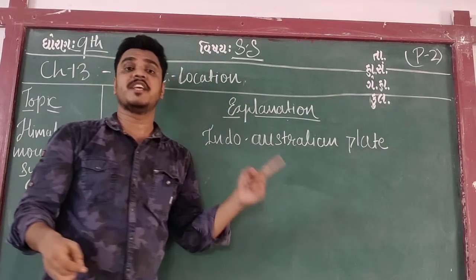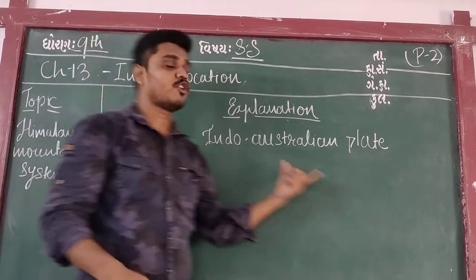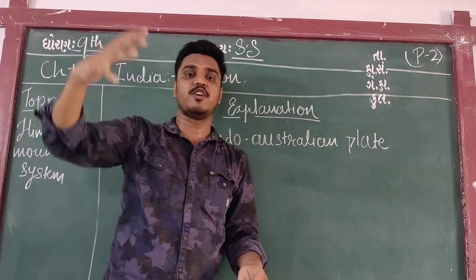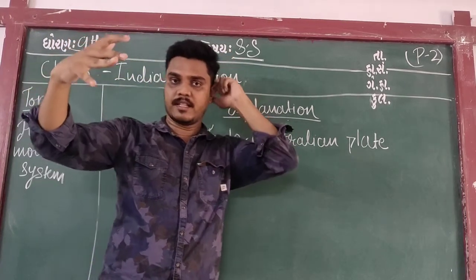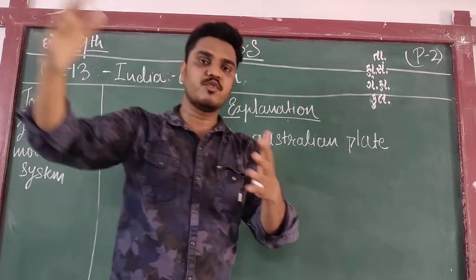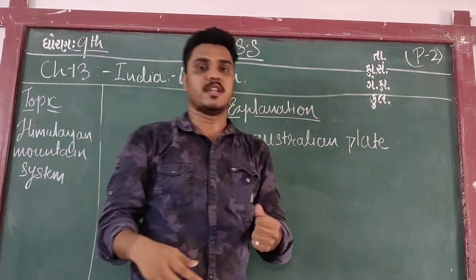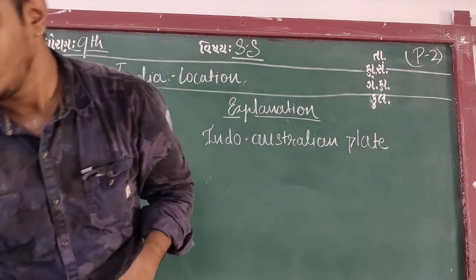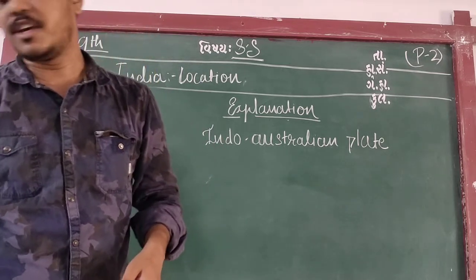The Indo-Australian plate means a plate part of India and part of Australia that came towards the north, towards Jammu Kashmir, and they converged in this ocean, and that converging creates Himalaya. These plates collide with the large Eurasian plate about 5 crore years ago.